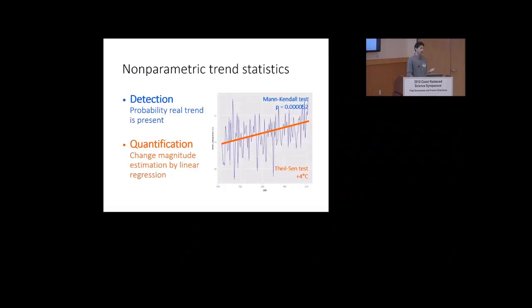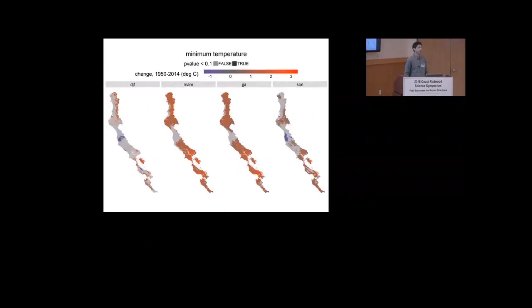So for each pixel, for each variable, we're able to use trend statistics across the 65-year time series that we have for each variable. These are non-parametric versions of the more ordinary least squares regression that we're used to looking at. And we get maps coming out that look like this. This is for minimum temperature for the 4 seasons.